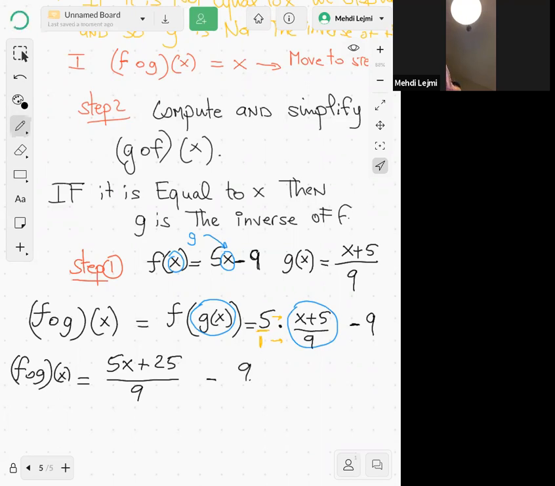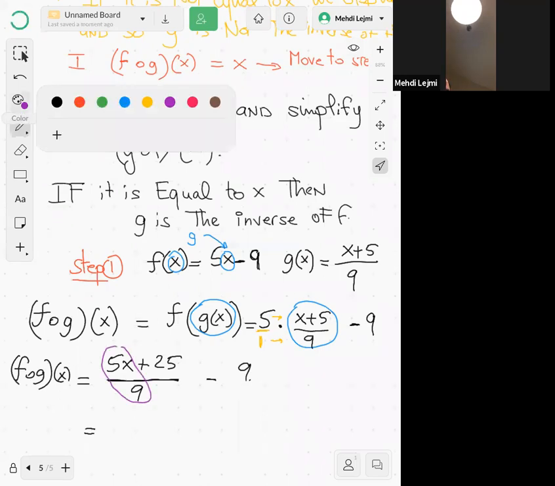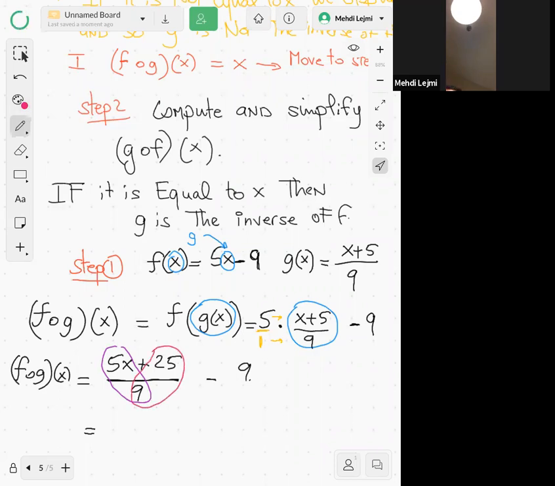If you want to simplify, the whole thing is divided by 9, so we can divide each term by 9.